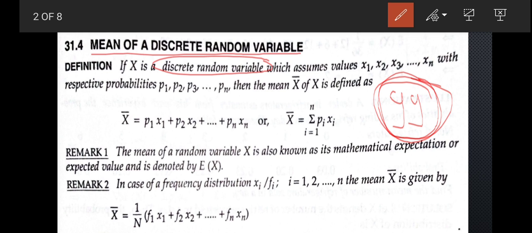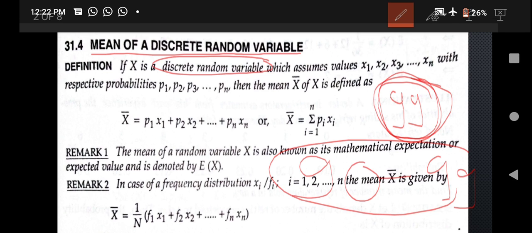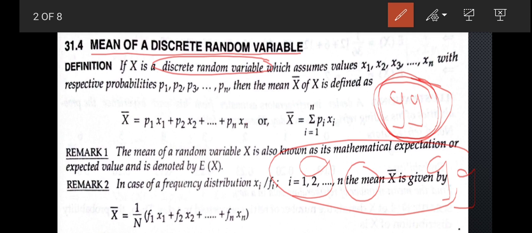If I ask who has secured marks between 90 to 99, meaning there is an interval, then this type of interval is known as a continuous random variable. So this is continuous, and this particular number is known as discrete.